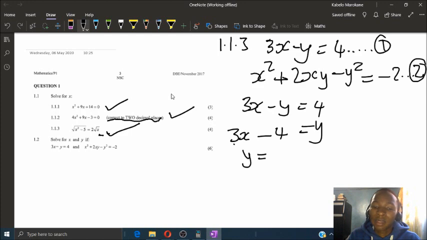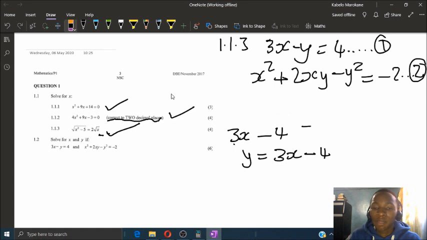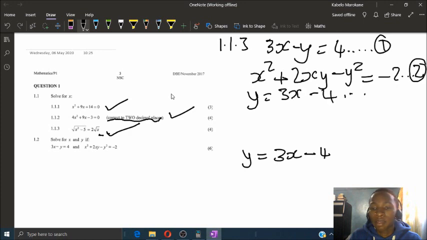So y is equal to 3x minus 4. Okay, let me erase this part just to save space, and rewrite y equals 3x minus 4 as the third equation.